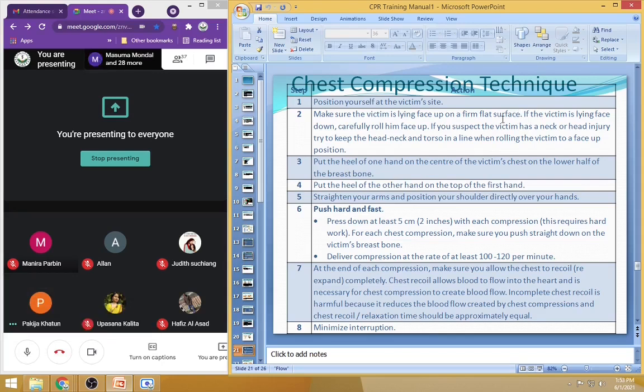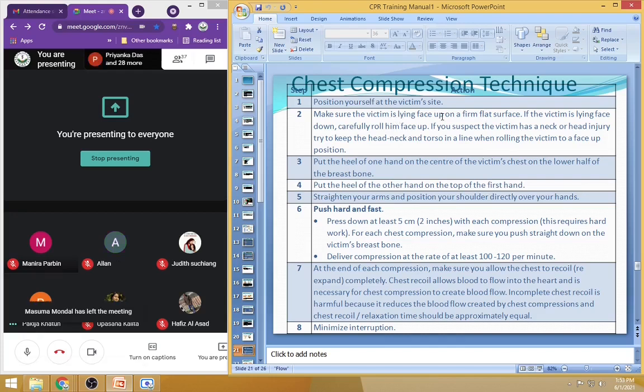It should not be a soft surface, because when you give compression, the chest and ribs have to go in so that it will compress the heart. If it's on a soft surface, our purpose will not be fulfilled. So the floor where the patient is lying should be firm.